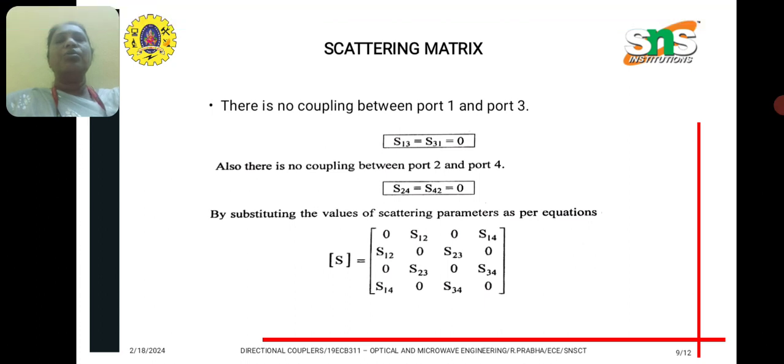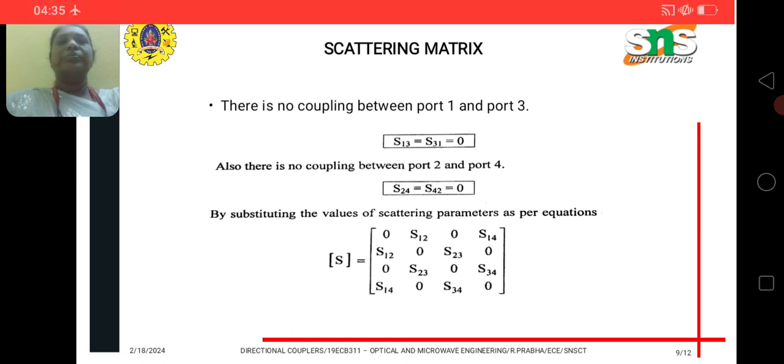We know that there is no coupling between port 1 and 3, so S13 and S31 are equal to 0. And also there is no coupling between port 2 and 4, so S24 and S42 are also equal to 0. By substituting all the values in this scattering matrix, we get the scattering matrix of a directional coupler S as 0, S12, 0, S14; S12, 0, S23, 0; 0, S23, 0, S34; S14, 0, S34, 0.